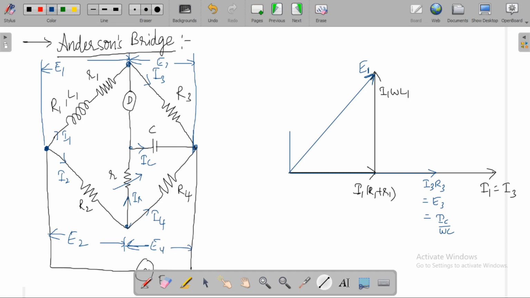Sorry, it leads voltage by 90 degrees. So this will be IC.